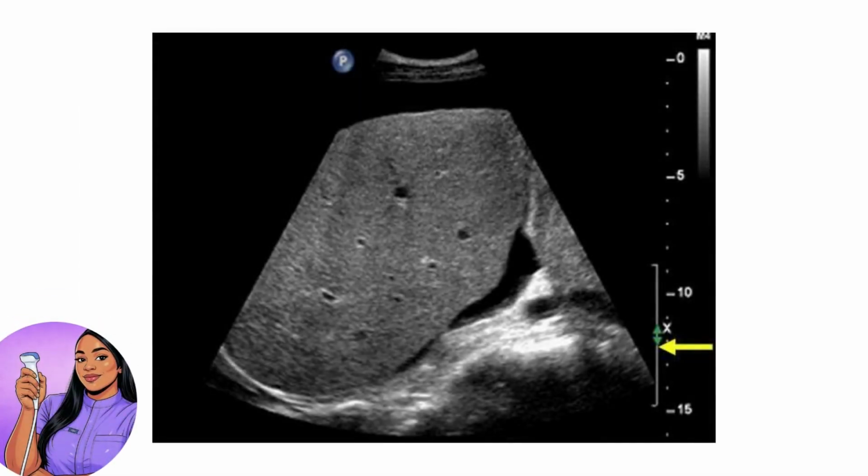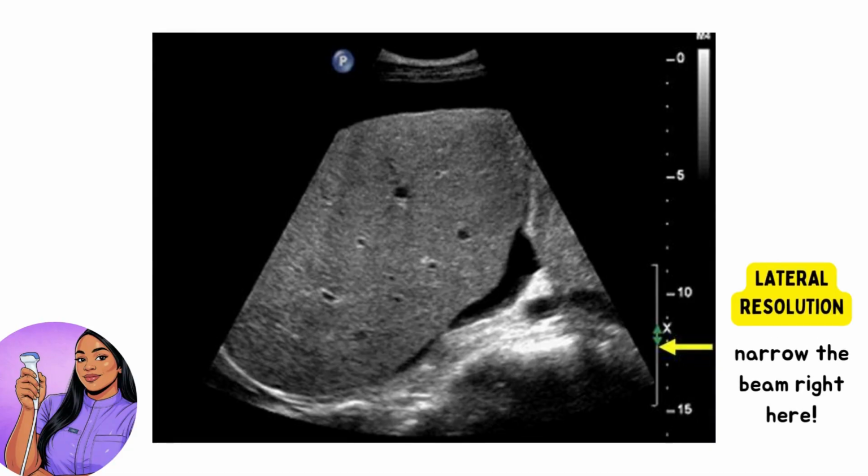When you adjust your focal zone to sit right at the structure you're imaging, that's you telling the system, hey, narrow your beam right here. That's lateral resolution, giving you the best focus right where you need it. So every button you press, every adjustment you make connects back to the physics you've just learned.